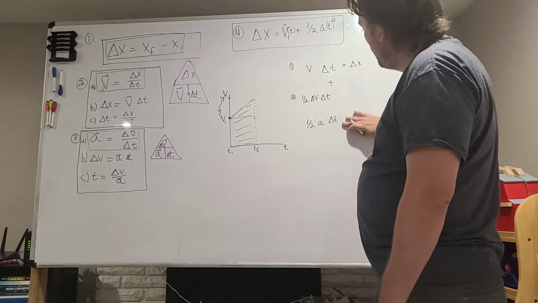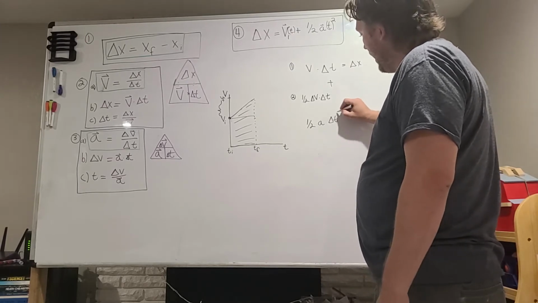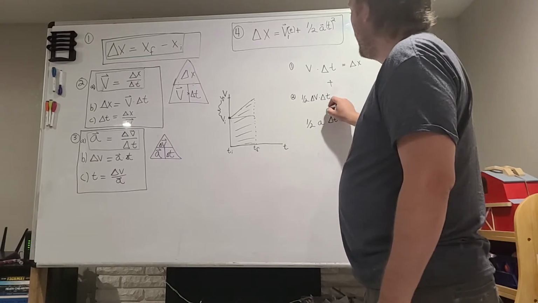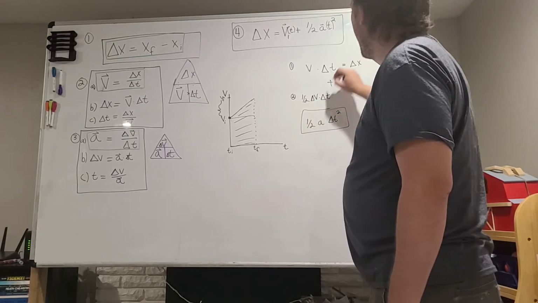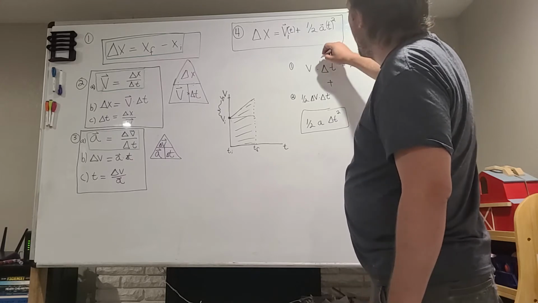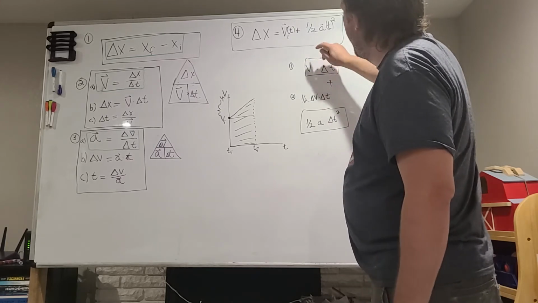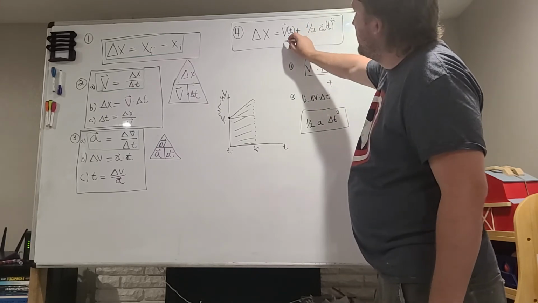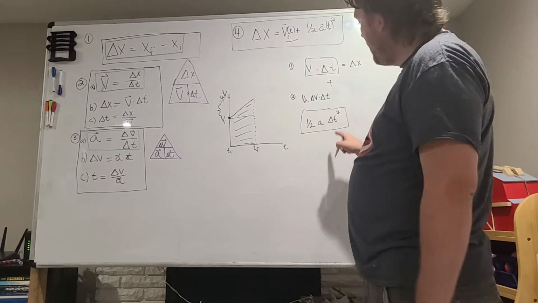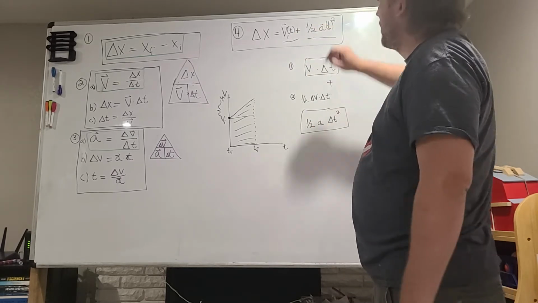And so what we get is 1/2 a delta T squared. Now, if we add these two formulas together, you can probably already very quickly see that this part right here is this part of the formula, and this part right here is this part of the formula.